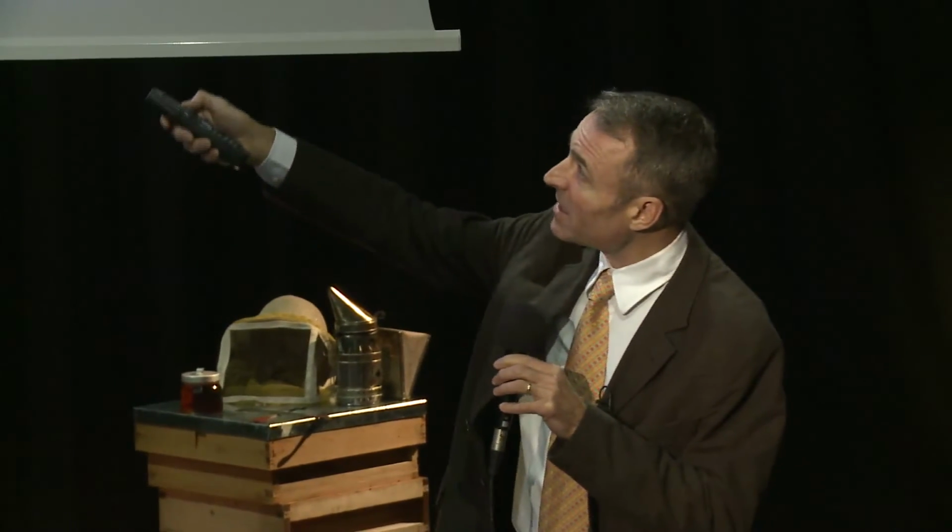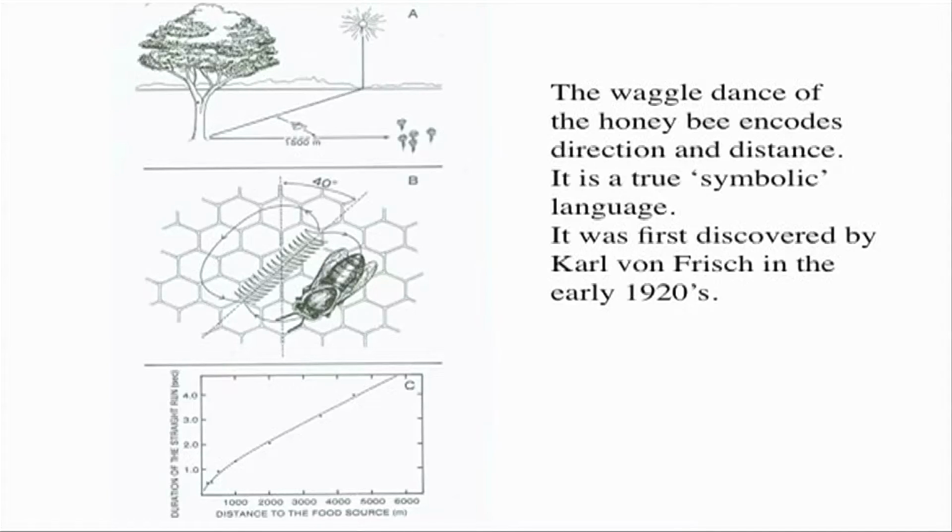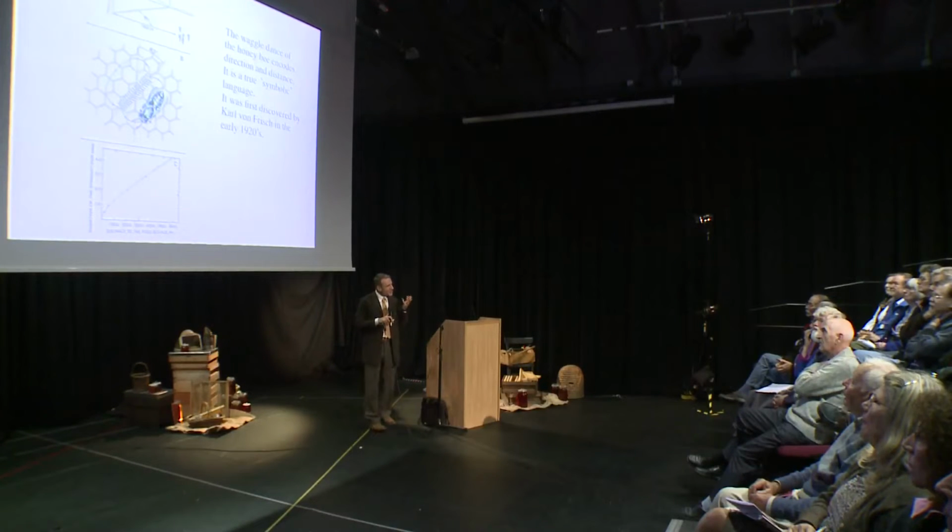I've taken this from Tom Seeley's book. This buzzing waggle dance communicates the encoded direction and distance of food sources from the hive to other nest members. It's a really special trait that the honeybee has, but it's a special trait that all honeybees have.